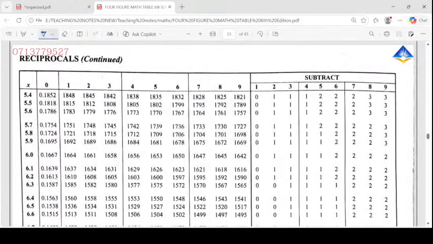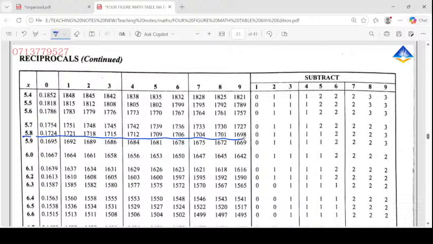We have here 5.8. You proceed along this 5.89. This is 0.1698.